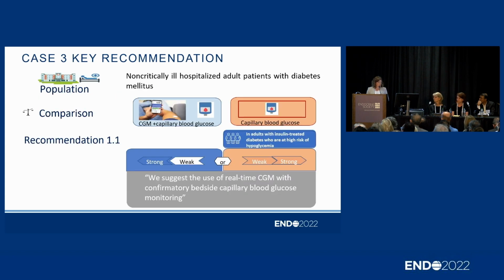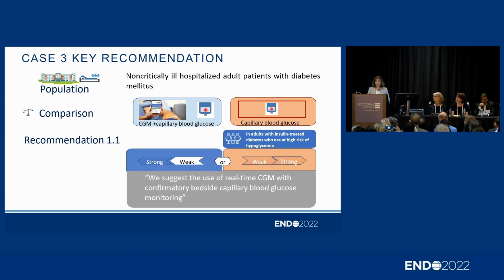Okay. So the case 3, our recommendation here is in our population, which is non-critically ill hospitalized adult patients with diabetes mellitus. When we compare CGM plus the scheduled use of capillary blood glucose per routine versus just the routine capillary blood glucose alone, in adults with insulin-treated diabetes who are at high risk of hypoglycemia, we suggested the use of real-time CGM with confirmatory bedside capillary blood glucose monitoring.